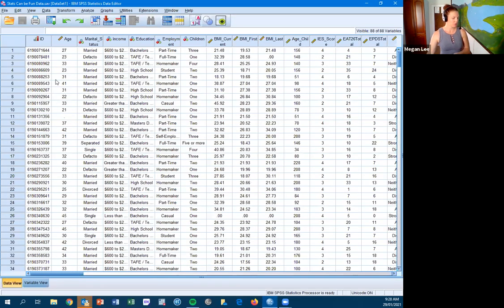So the next thing that we do is we want to do our descriptive statistics for our continuous data, but unlike last time where we did the descriptive statistics for the continuous data and the assumptions separately, we can actually do them together. So do you remember what assumptions are before we jump into that?